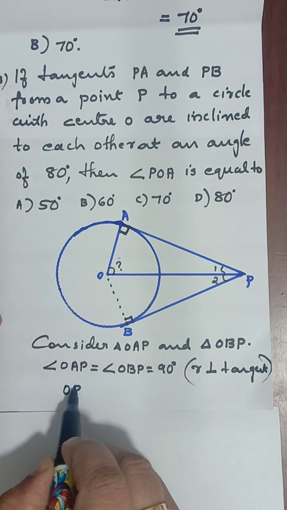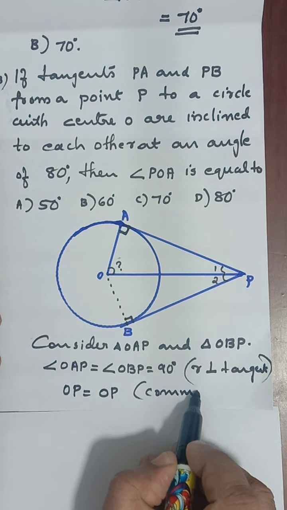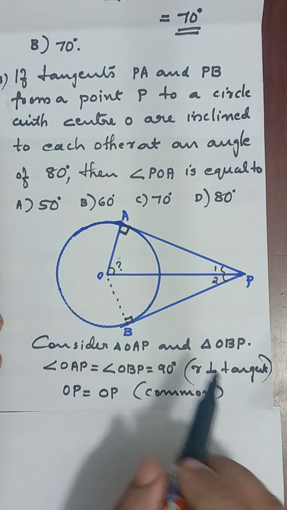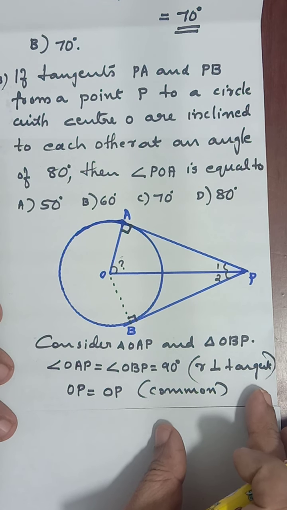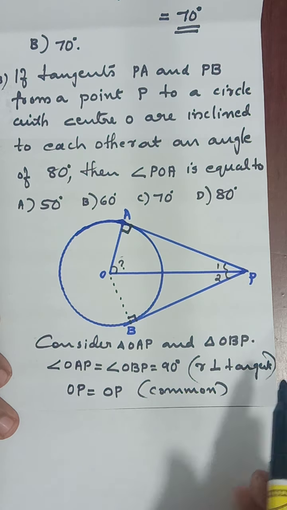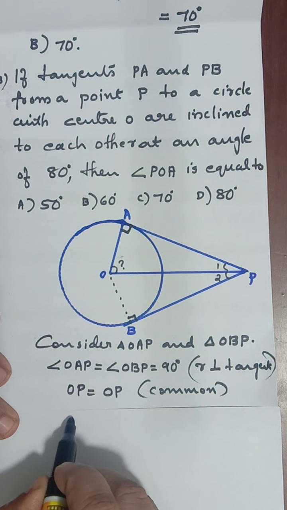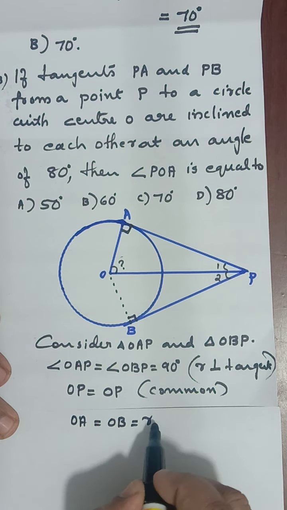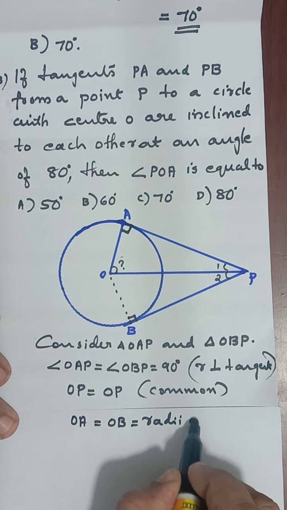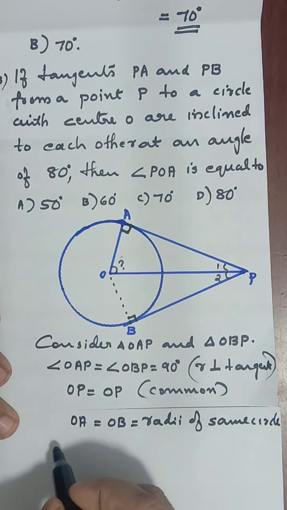Now OP equal to OP, it is common. That is the second point, or we call it the hypotenuse in the case of these two triangles. OP equal to OP common. Now comes right angle, hypotenuse over, now comes side. OA equal to OB, equal to radii of the same circle.